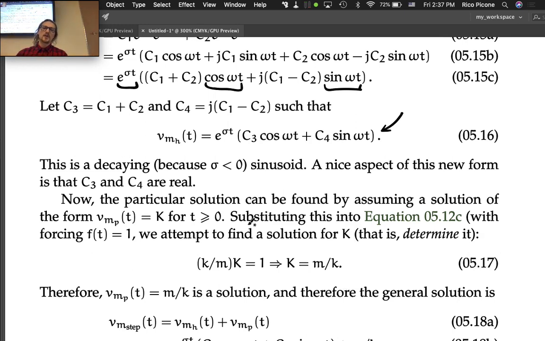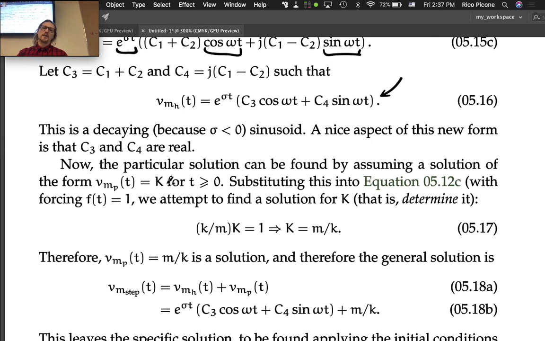It can be found by assuming a solution that is of the form v_p, the particular solution, being a constant for all time greater than 0. Remember that we're using the method of undetermined coefficients, and we have a table that tells us, okay, if you have a constant input, if you want the particular solution, you should assume that it's going to be a constant output. Assume that's your solution. And then how we determine if it is a solution is we try plugging in that solution and see if it works.